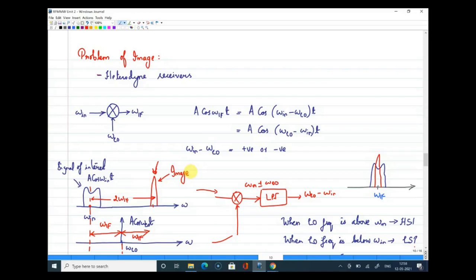So if I am locating the image frequency, I can say that the image frequency is located at 2 omega IF away from the input frequency. So your image frequency is basically 2 omega IF away from your input signal.